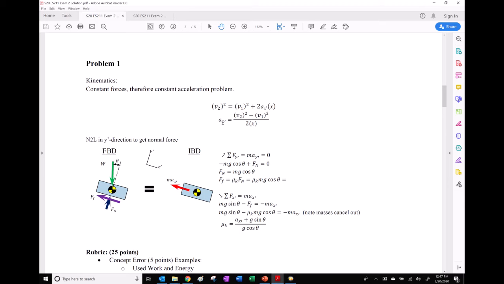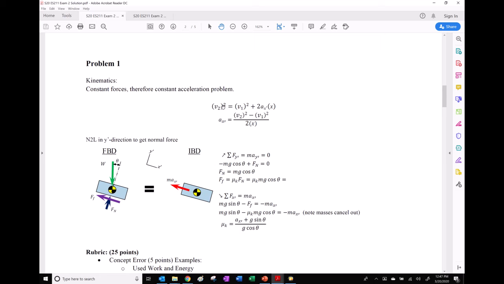So we needed acceleration. And we can use the constant acceleration equations here, because if we jumped to the free body diagram and the inertial body diagram, we would see that all of these forces are going to be constant. That means there's going to be constant acceleration along the line of the slope, which I've called x prime.